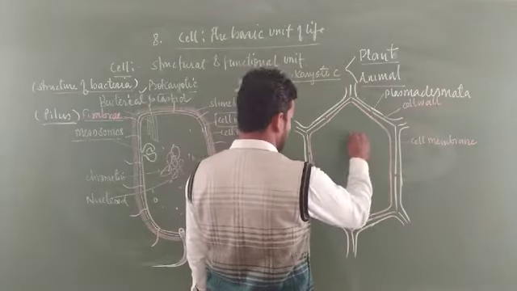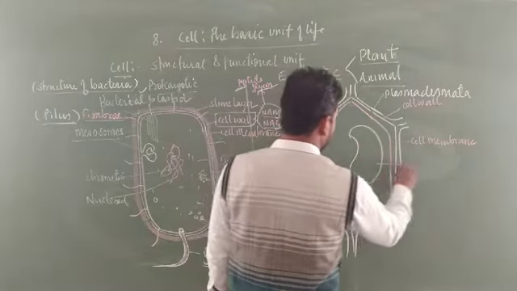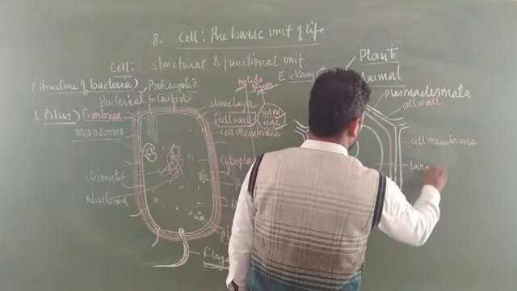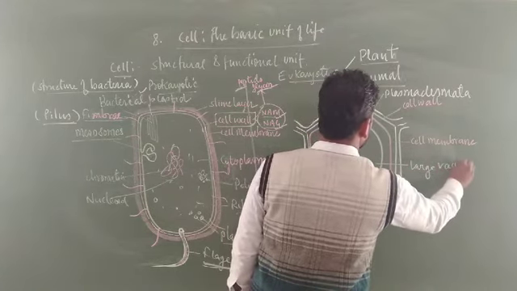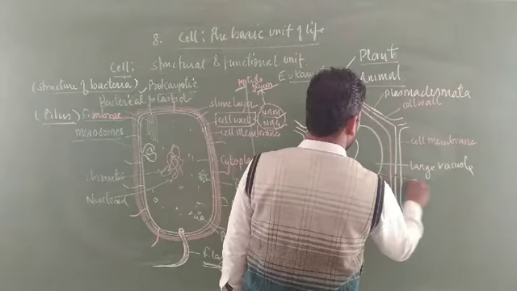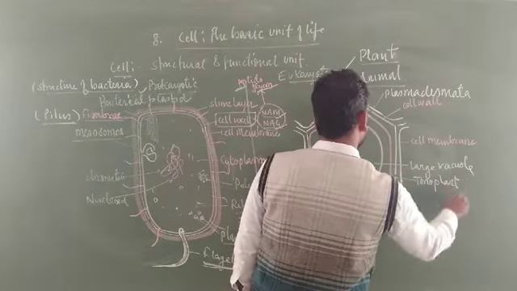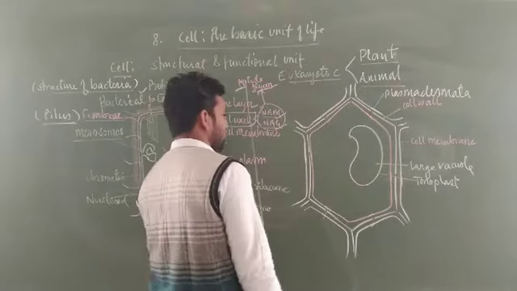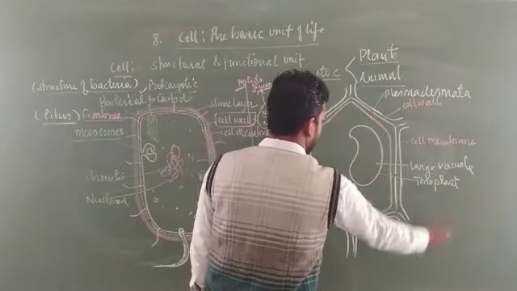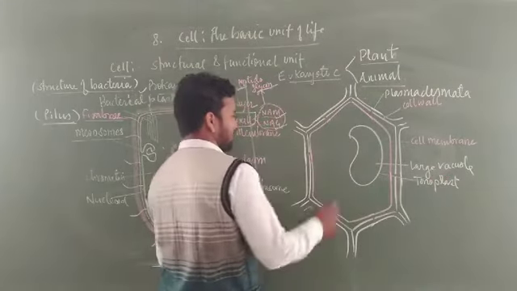And this plant cell possesses a large vacuole, and the membrane of the vacuole is called tonoplast. Besides this, some small vacuoles are also found, but in the animal cell these large vacuoles are not present.